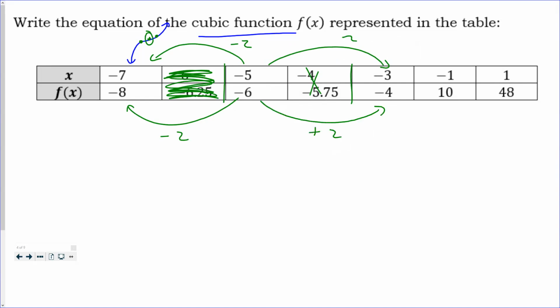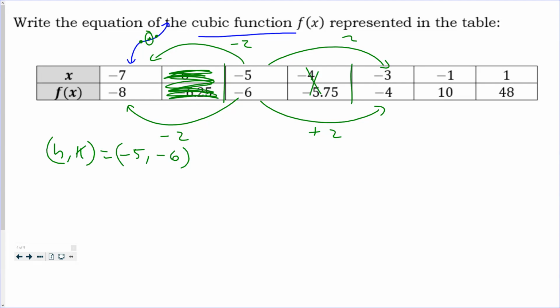So I have equal jumps going outward. And if this table is any bigger, you'll see that if I have an x difference of 3 or 4 or 6 or whatever it is, it's the same thing. It's equal jumps going out both ways. So that's how I know that my HK point is -5 comma -6. Does that make sense? Are you okay with that?